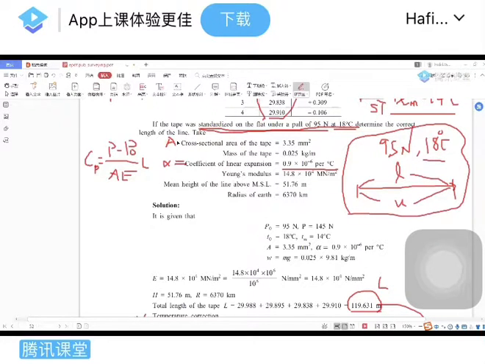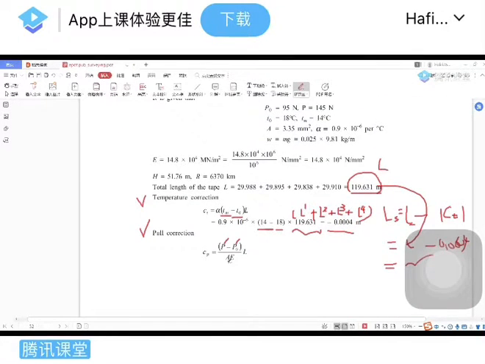This value is your A, the cross section area of the tape. So it's 3.35. Sometimes you have to unify the units. It's millimeters, so maybe you have to convert to meters. It depends. If this is meters, maybe this one has to be converted to meters as well. Let's see.